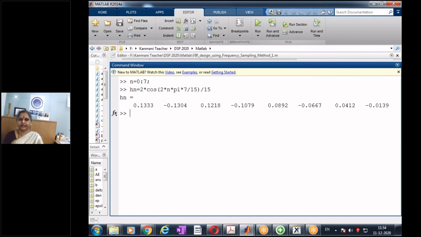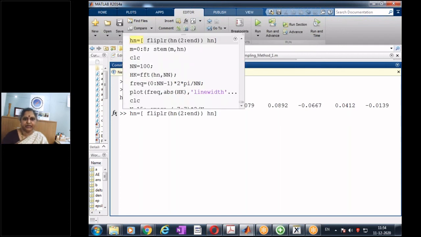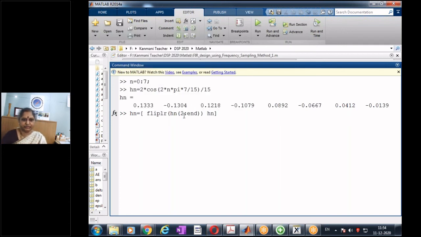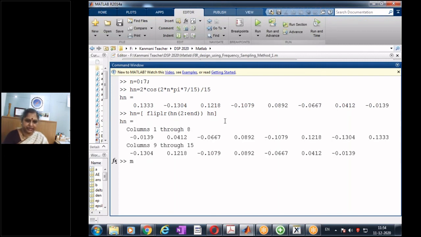And this is what I get: 0.133, minus 0.13, 0.12, minus 0.107, and so on. And if I want to get my whole h of n, I can simply flip my h of n from 7 to 0 and then keep the whole thing. So this is what I have. And m going from 0 to N minus 1, that is 14.